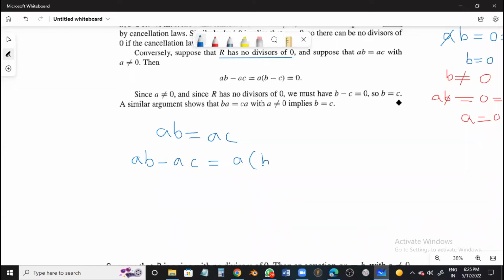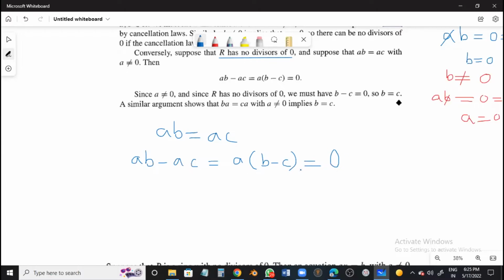Yes, because multiplication distributes over addition. Subtraction is nothing but addition of the additive inverse. So A times B minus C. And what is the result? Because I have carried AC to that side, it must be 0. So I got A multiplied by something equal to 0.